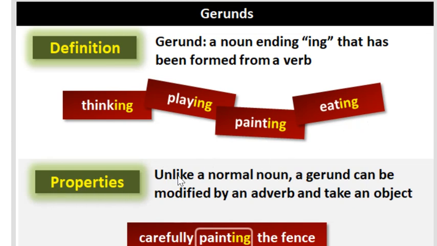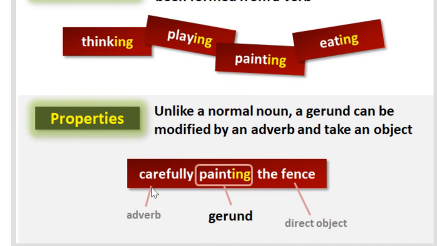Properties: unlike a normal noun, a gerund can be modified by an adverb and take an object. Carefully painting the fence. Adverb: carefully; painting is the gerund; their object: fence.